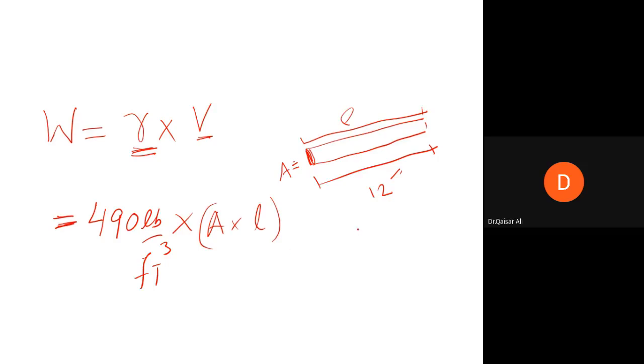So for number 5 bar, if you calculate pi by 4 d square yourself, tell me the area of number 5 bar. Number 5 bar has a diameter equal to 5 by 8.